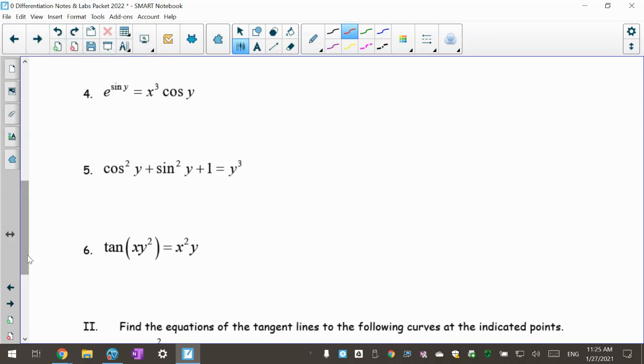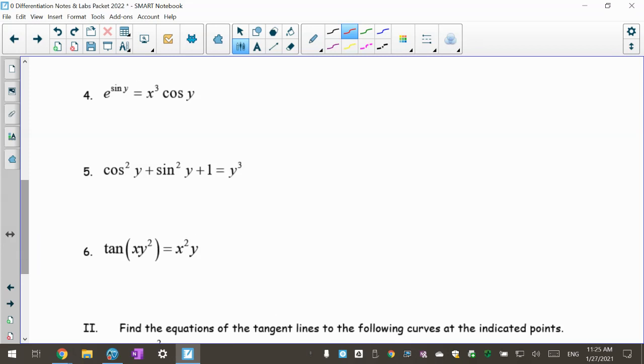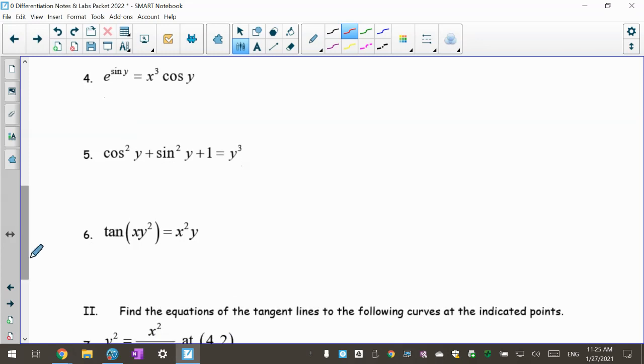So again, implicit differentiation happens when you have implicit functions where the variables, x and y in this case, are mixed. So I have e to the sine y equals x cubed times cosine y. The first thing I want you to recognize is that this is the product rule over here. So there's our f and g.